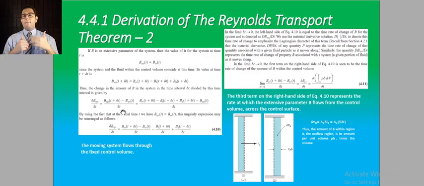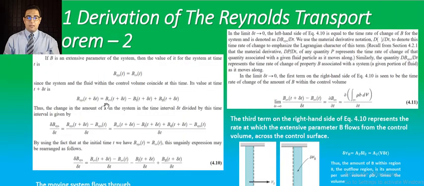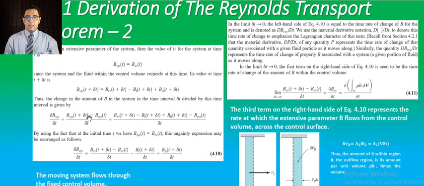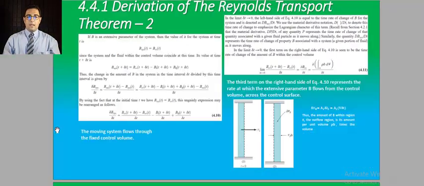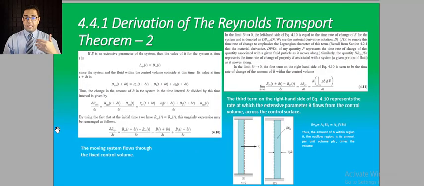If we want the change in time of parameter B in a system, we have it as B of the system at time t plus delta t minus B of the system at t, divided by delta t. It's the time change of the parameter in the system over the time duration.